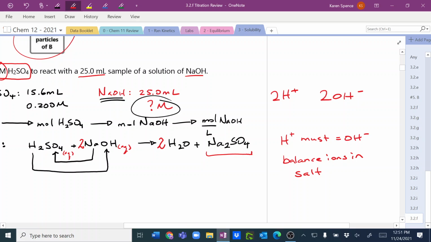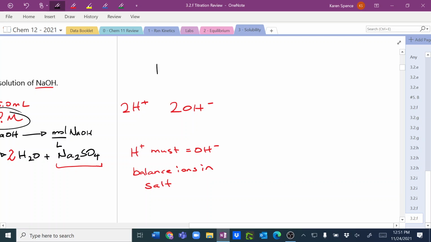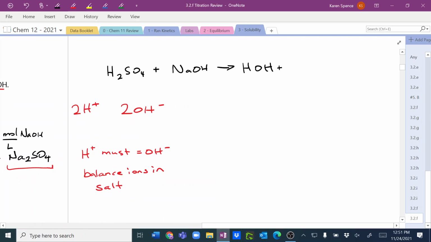Is that good? And if that doesn't work for you, you could write it like this: H2SO4 plus NaOH, where you write the water as HOH. Then you could treat the whole thing, balancing and everything, exactly like a double replacement reaction. So now we have Na2SO4.